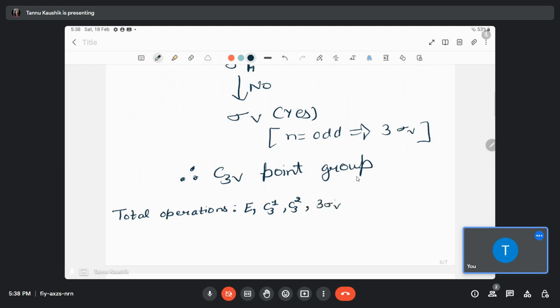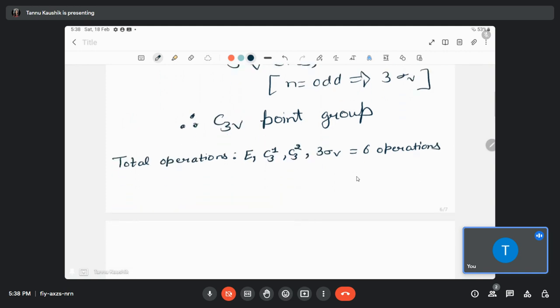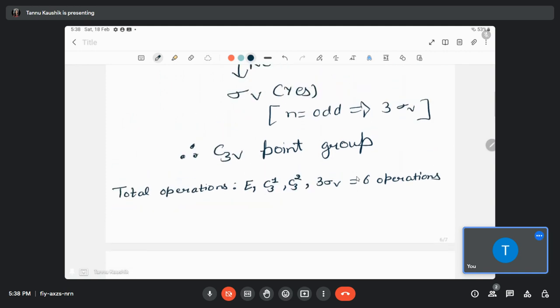Then 3 sigma V. So we have a total of 6 operations. And since the molecule falls under the CNV point group, the molecule is polar, and optically active and disymmetric.